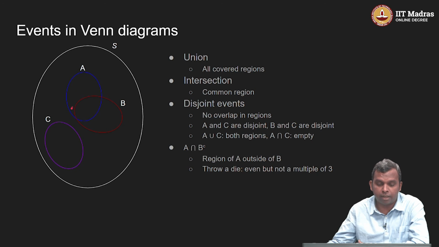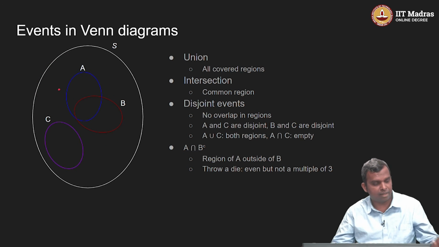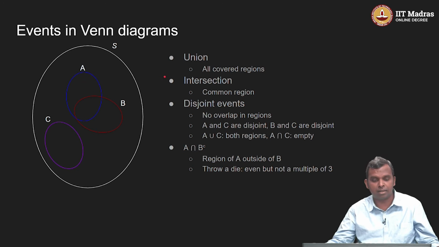Everything outside, right? Everything outside of that set B would be B complement, isn't it? So that's B complement, and now I want to do A intersected with B complement. Okay, whatever is outside of B and A. Okay, so you can quickly visualize this. It's not too difficult to visualize this. You will see you will get A intersect B complement as that part alone, isn't it? Okay, so that part alone is A intersect B complement.